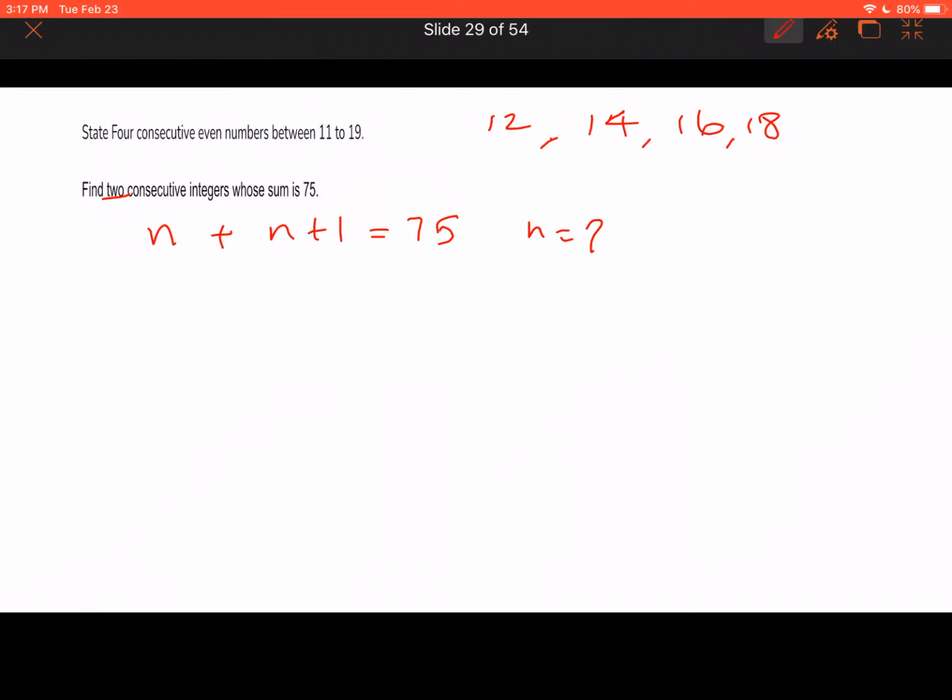So 2n plus 1 is equal to 75, 2n is 74 and n is 37. So the first number is 37, the consecutive number is 38. These are the two numbers, and when added, they give 75.